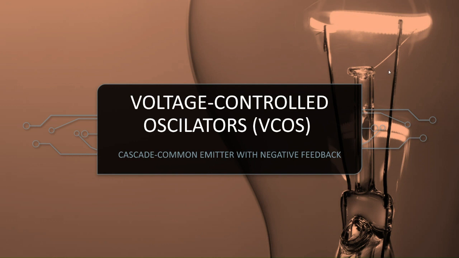Today I'm gonna present about voltage control oscillator. Voltage control oscillator is a combination between common emitter cascade with negative feedback.